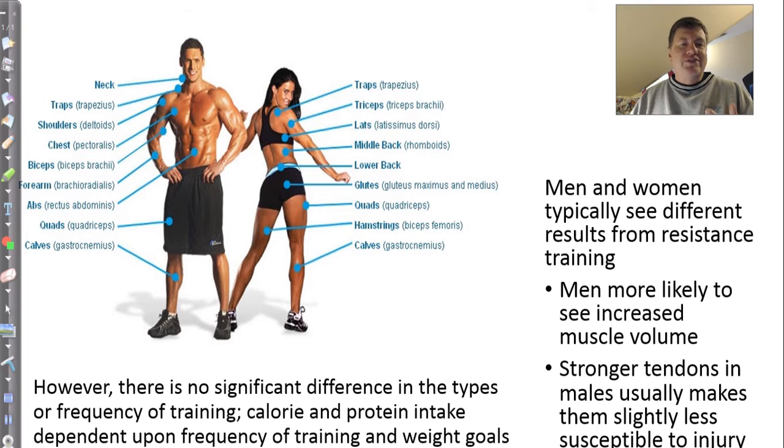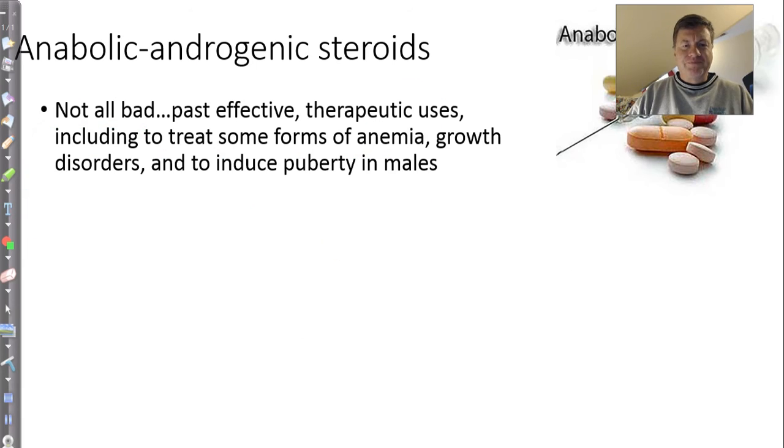So we generally see what you see here in this diagram. Men tend to get more definition to their muscles because they can get more muscle hypertrophy than women, but women can also get extremely strong and increase their muscle mass as well, just not quite the same definition.